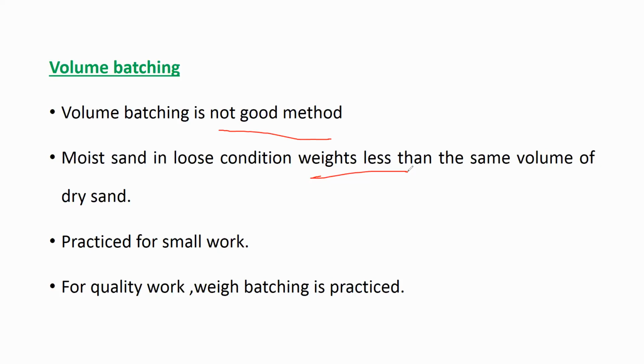We have already studied what bulking of sand is in the previous chapter. Because of bulking, the sand will be in loose condition, and though the volume will be more, the quantity of sand will be less because there is an increase in volume. That's why it will weigh less, less when compared to when it is dry.